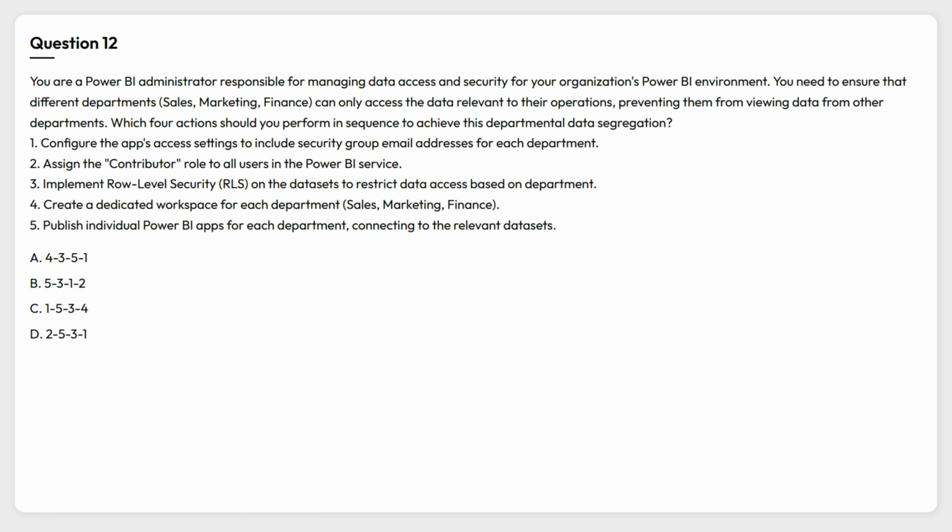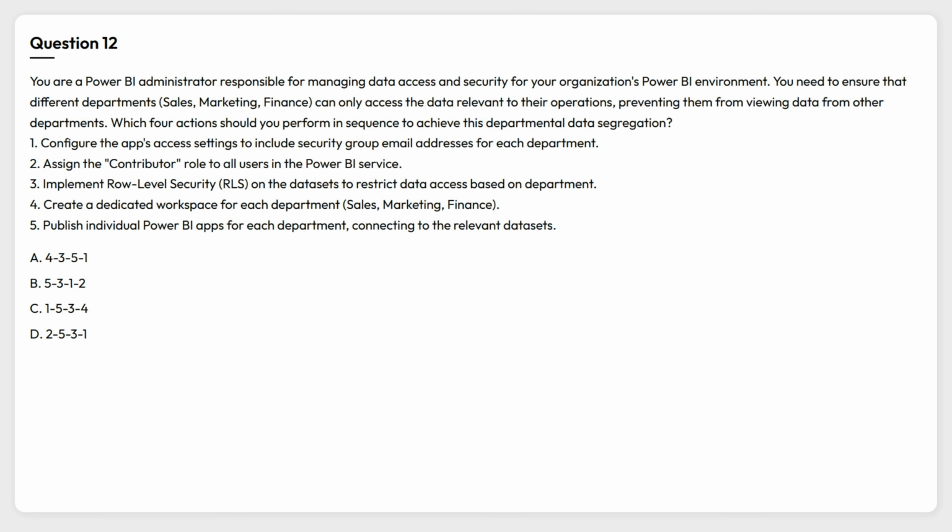Implement row-level security (RLS) on the dataset to restrict data access based on department. 4. Create a dedicated workspace for each department: sales, marketing, finance. 5. Publish individual Power BI apps for each department connecting to the relevant dataset.